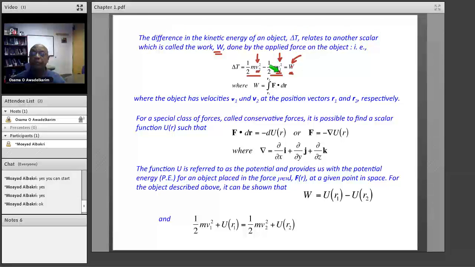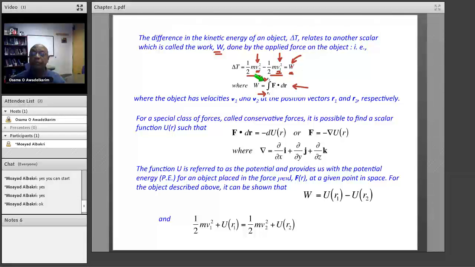In terms of the force, we know, again, this is a review, as I said, an overview. We know that the work done can be related to the force that is acting and related to the two positions. This is position 1, which is position R1, and this is position 2, which is position R2.